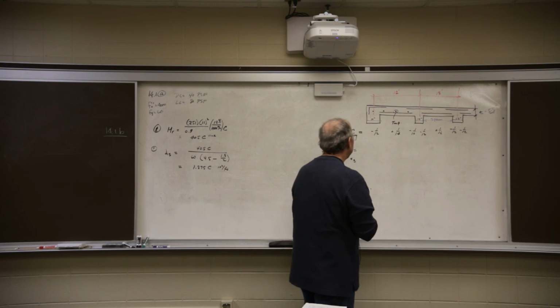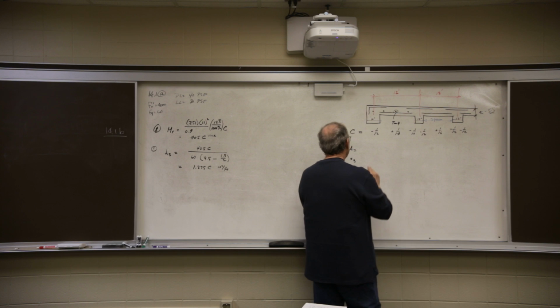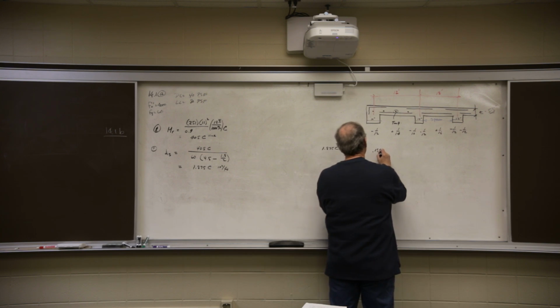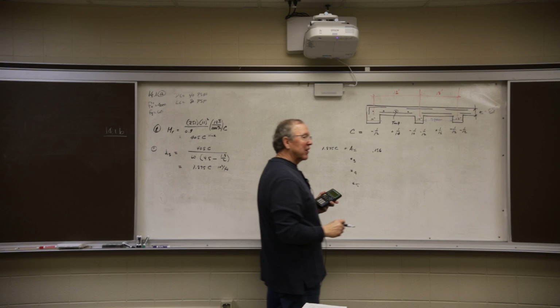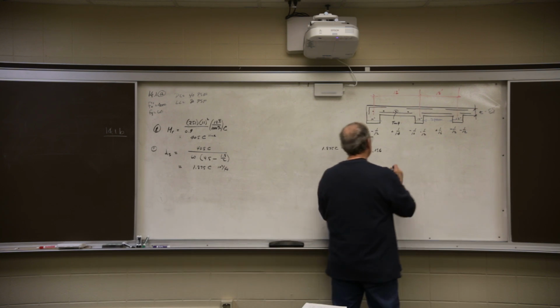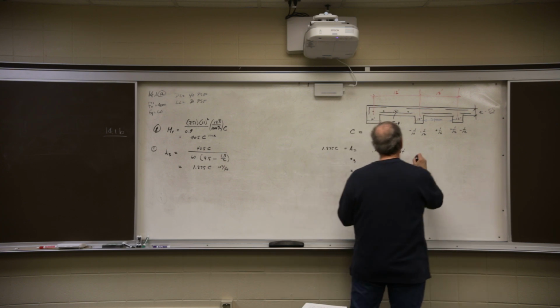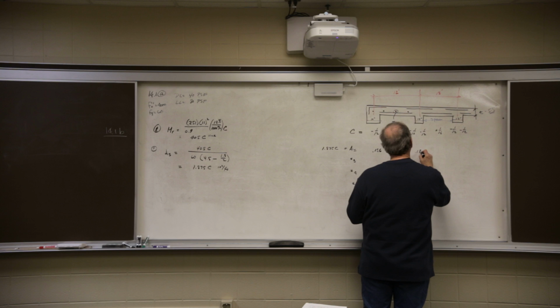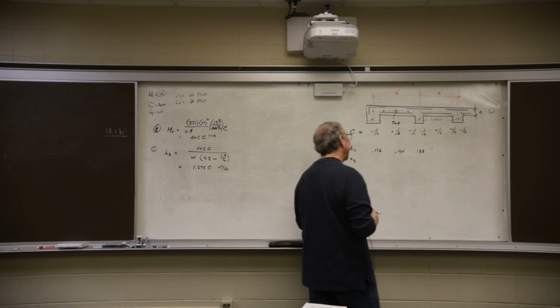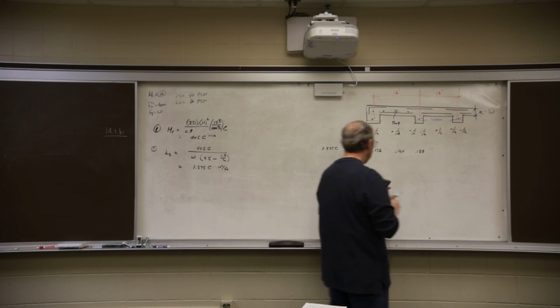So I'm going to go from left to right. 1.875 times 1/12 is 0.156 square inches per foot. 1.875 times 1/14 is 0.134 square inches per foot. Then 0.188 square inches per foot.